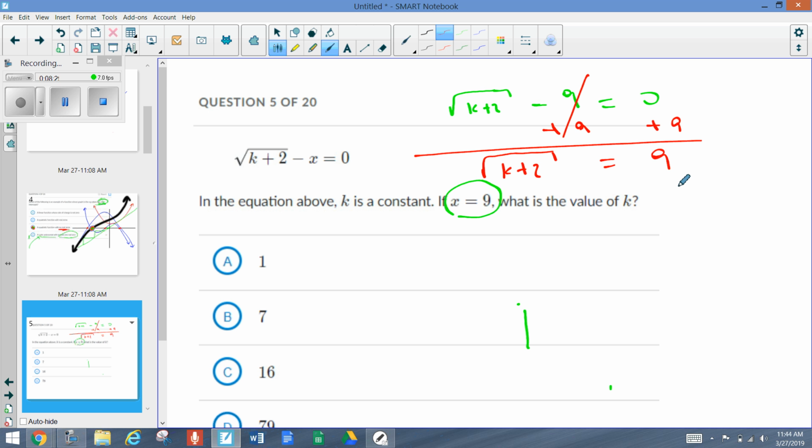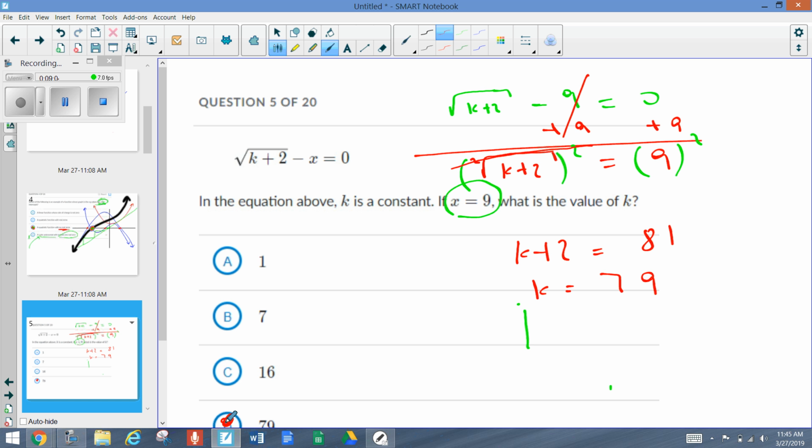How am I going to get rid of that square root? I need to square both hand sides. When you do the same thing on both hand sides, we keep the values of both hand sides. So the degree is 2 here, they will cancel out. k plus 2 is equal to 81. k is equal to 79.